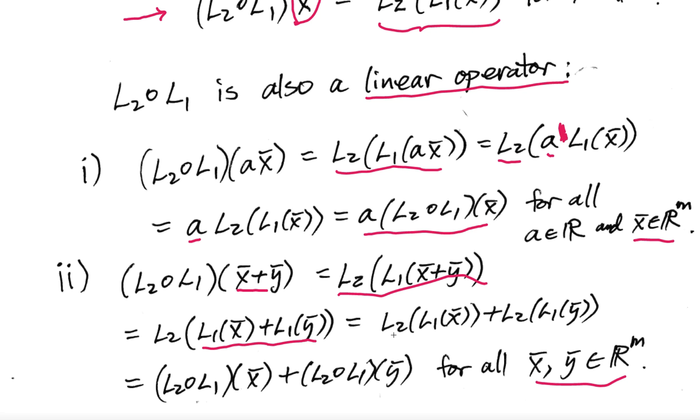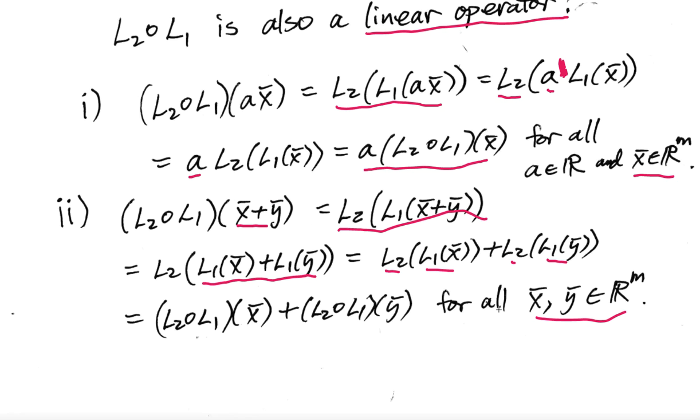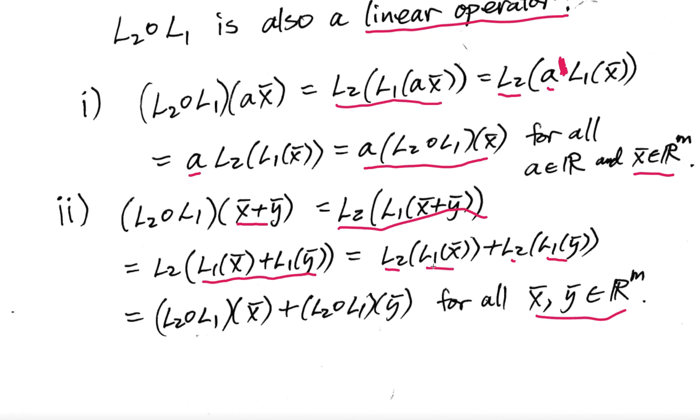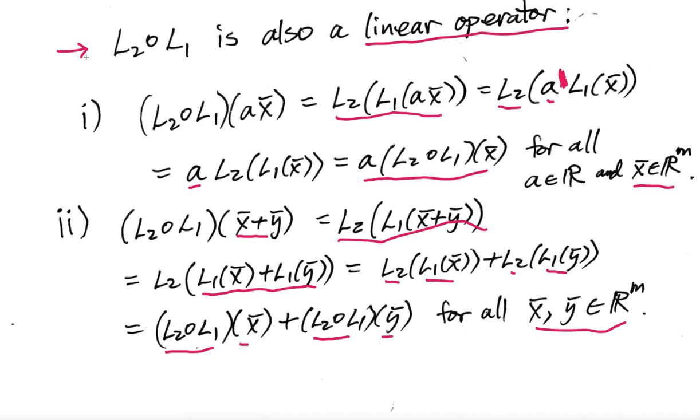L2 is going to act on those, because it's additive also, since it's a linear operator. L2 would act on L1 of x first, and then L2 would act on L1 of y. But this is just the composition: L2 composed with L1 of x plus L2 composed with L1 of y. That means it's additive. So this is a linear operator, and we've proven this statement.